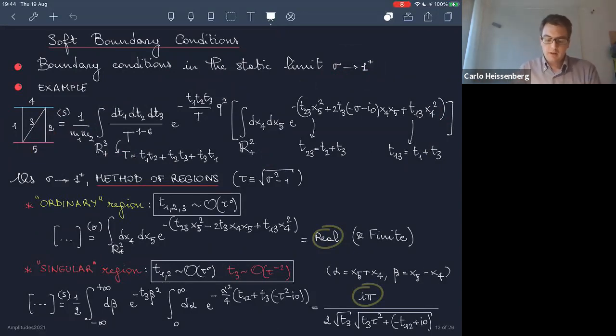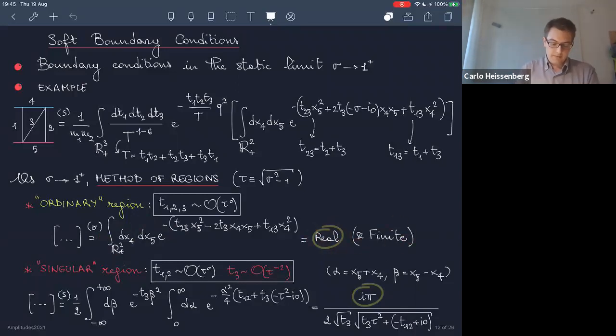And the way we can go about evaluating this limit is once again by the method of regions, here for convenience in the Schwinger parameter setup. So we distinguish two regions in this limit. One we term the ordinary region, in the sense that one simply sends the velocity to 0 inside the integration sign. And this type of contribution is typically real and finite.